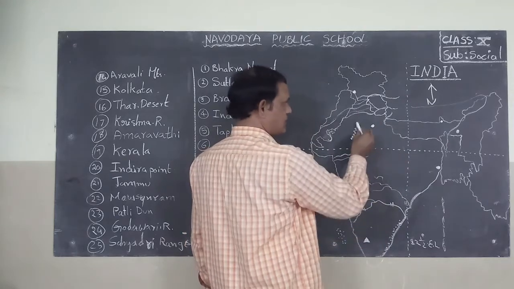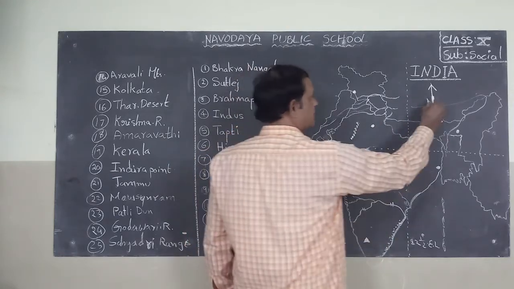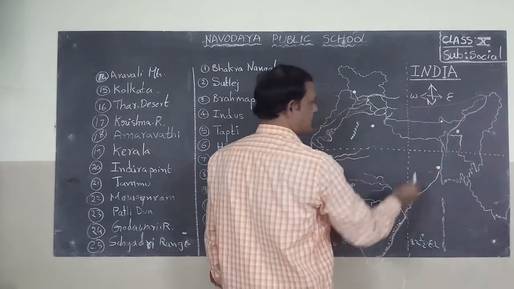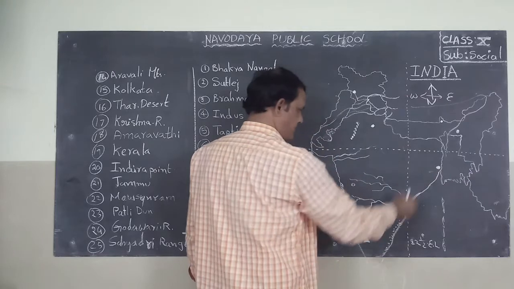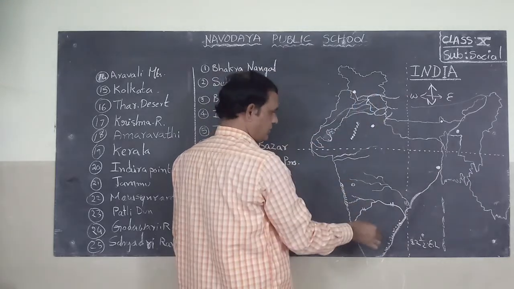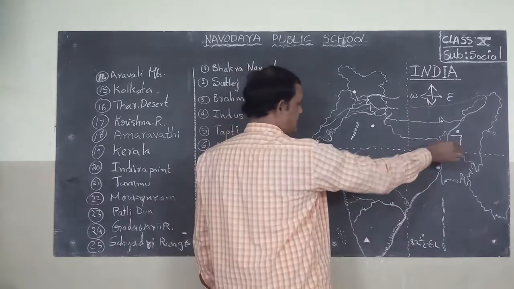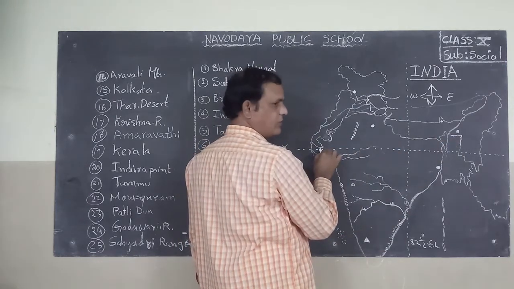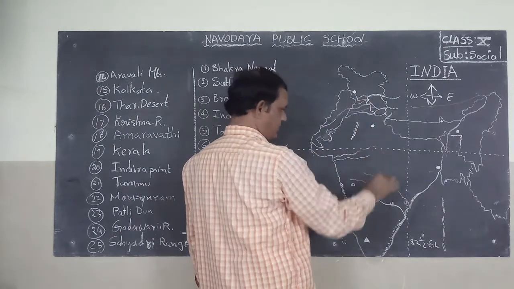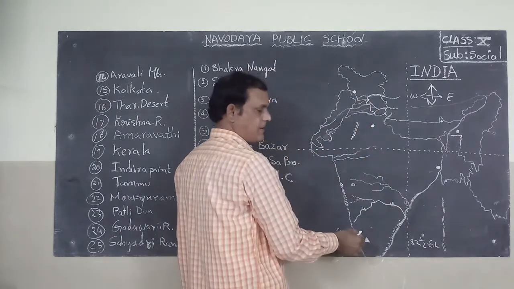This is North India, this is South India. Next, this is east, this is west. So north, south, east, west. Don't get confused, students. From here to here is North India, and from here to here is South India.